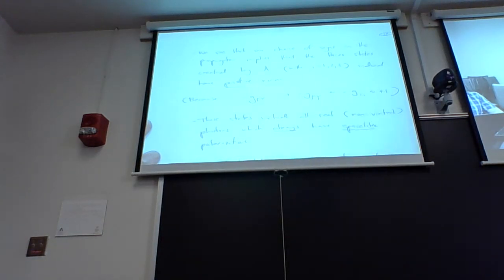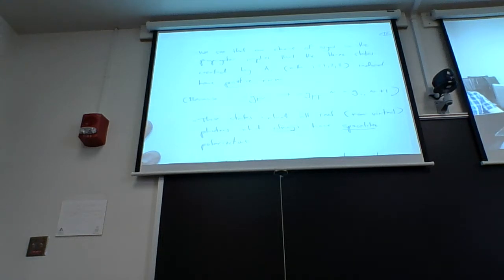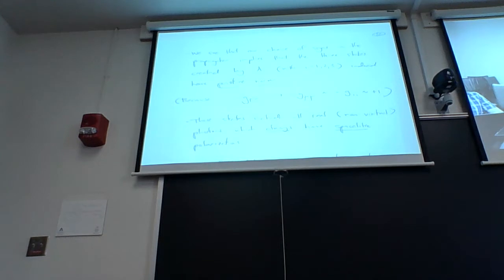We're working in the East Coast metric, so it's plus, minus, minus, minus. If you want a positive norm, you have to put that minus sign in by hand the way we're doing things. It would come out naturally if you were doing things in the path integral formalism, but just piecing things together by hand, we have to put this minus sign in because we want a positive norm.